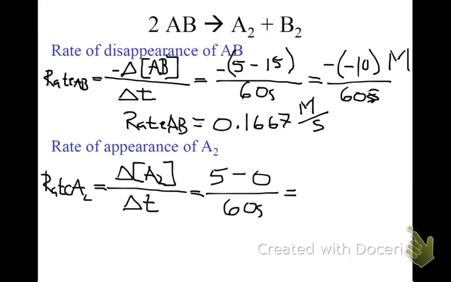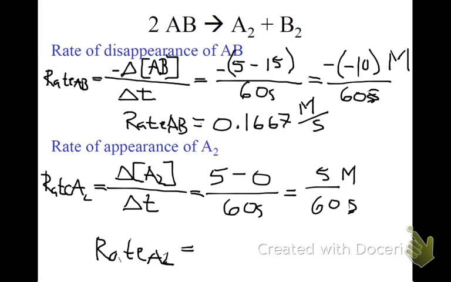So that's 5 molar divided by 60 seconds. So then the rate of A2 is going to be 0.0883 molarity per second. Sorry, I'm having a little bit of trouble with my pen.